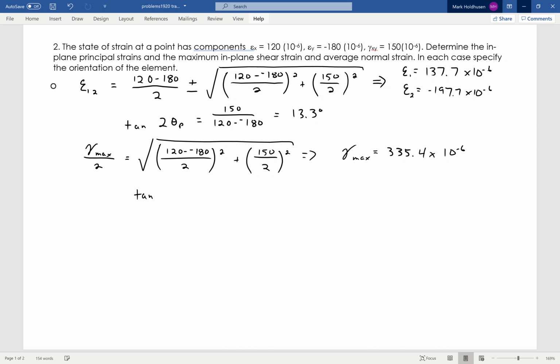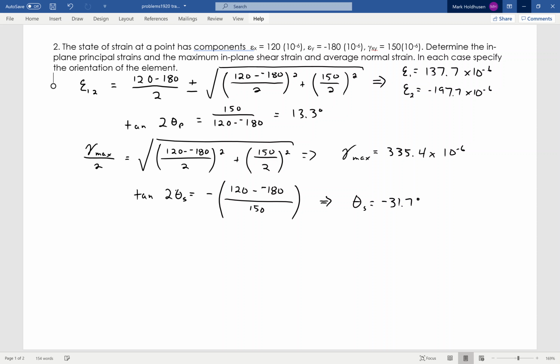Okay, and we can find the orientation, which is going to be 45 degrees off of the principal strain, just like it is for stress. We can plug and chug into the equations that we have. That will be epsilon x, which is 120, minus negative 180, all over 150. And from that, I can find that the orientation is negative 31.7.